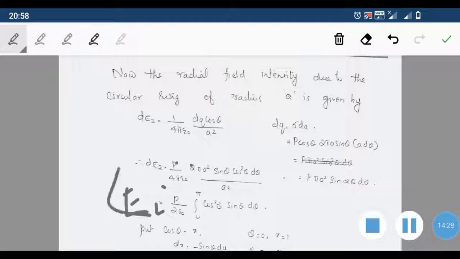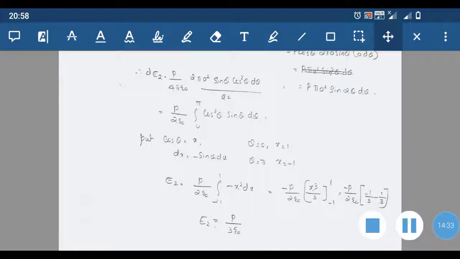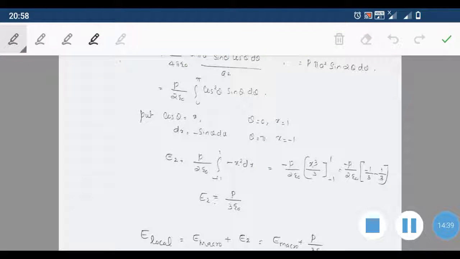So this is the expression for the total Lorentz field. Now in order to evaluate this integral, we have taken a substitution. We have cos theta is equal to x, then for theta equal to 0, x is equal to cos 0, that is equal to 1, and when theta is equal to pi, x is equal to minus 1, because cos of pi is equal to minus 1.